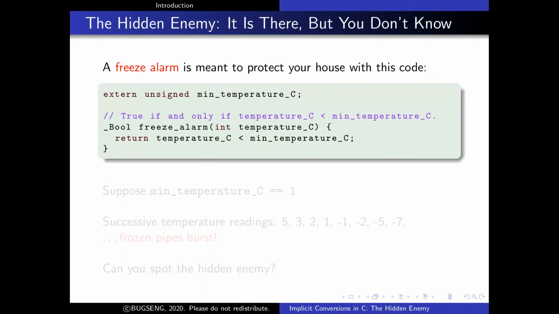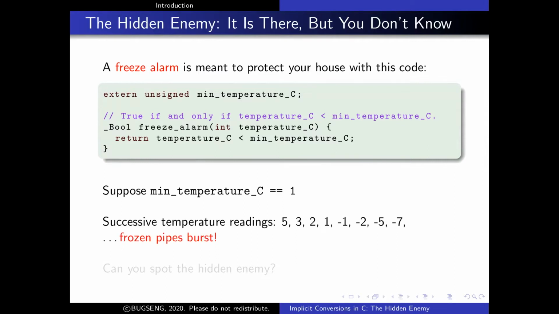Okay, sounds reasonable. So freeze alarm should return true if and only if the temperature in Celsius degrees goes below the minimum temperature that you have set. Now, suppose the minimum temperature you have set is 1 Celsius degree, which is fine because pipes will freeze around -6, -7.